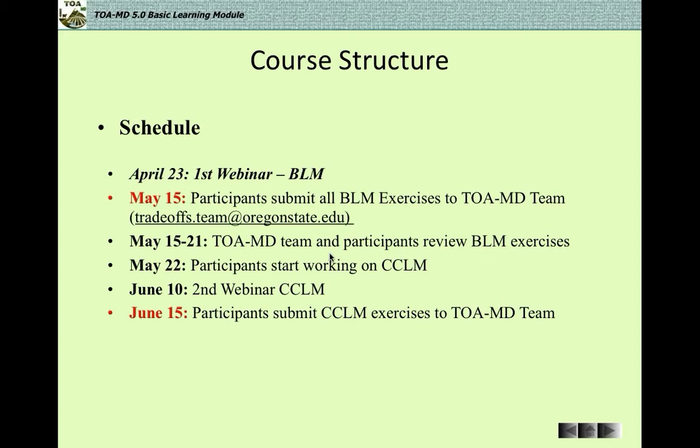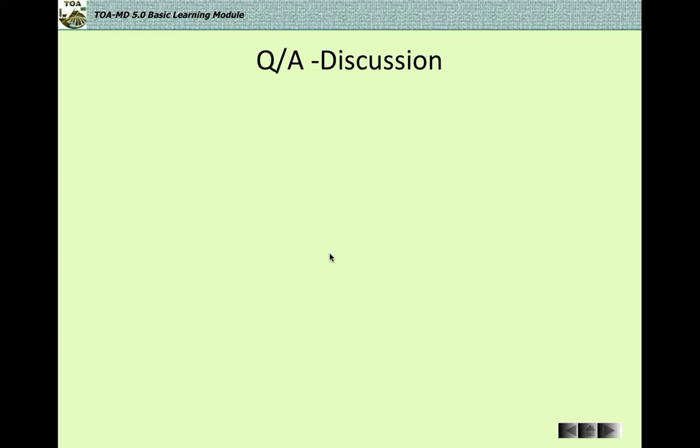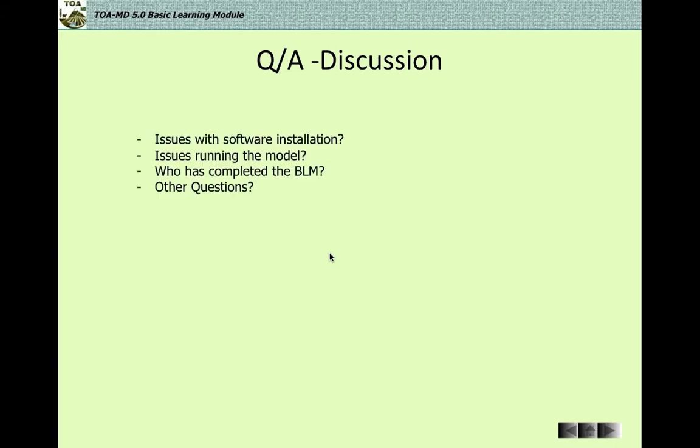We are expecting to have a second webinar that is going to be based on the climate change model, and perhaps we will also talk about the AgMIP regional integrated assessment methods. We're setting the date for June 10. For this webinar, we'll send all the information ahead of time.